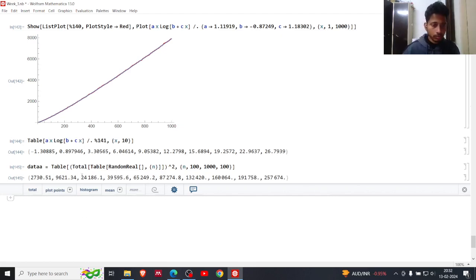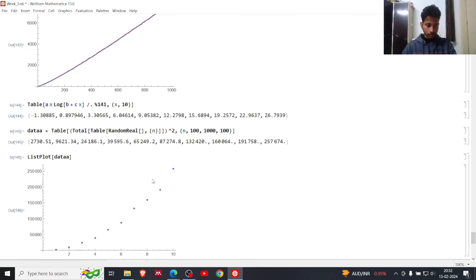So these are the values. So basically it is generating a random real number, then it is doing the total, and then it is again generating a table. So this is the thing.